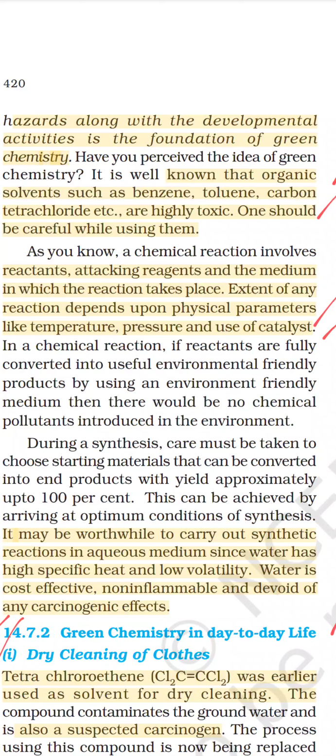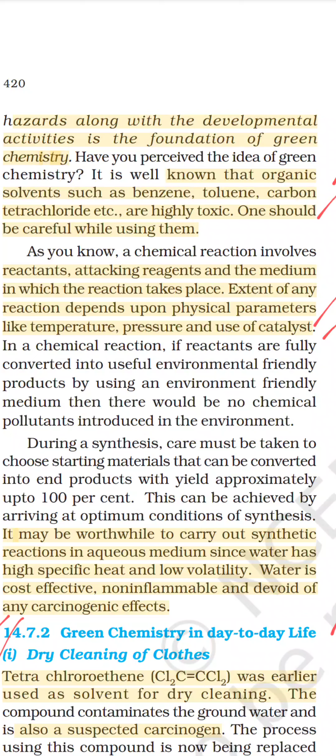As you know, a chemical reaction involves reactants, reagents, and the medium in which the reaction takes place. Extent of any reaction depends upon physical parameters like temperature, pressure, and use of catalyst.